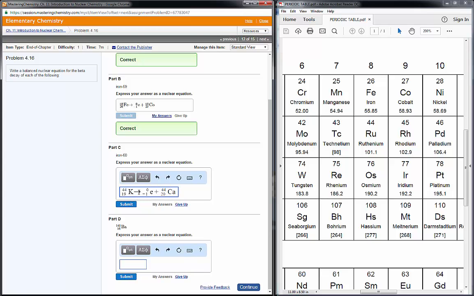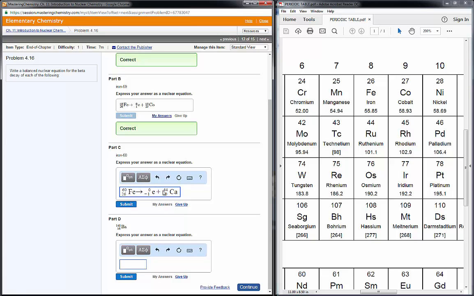Iron 60. If I start with, oh, I should have copied and pasted this one. Let's see if I can. Oh, no, I can't. So iron 60, if I have a mass of 60, and 26 protons.